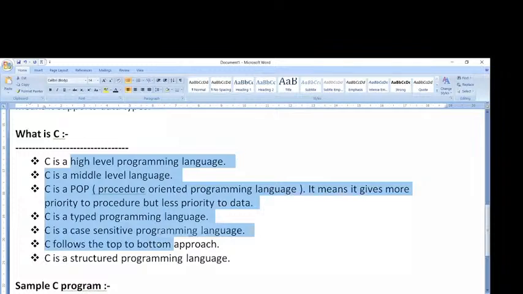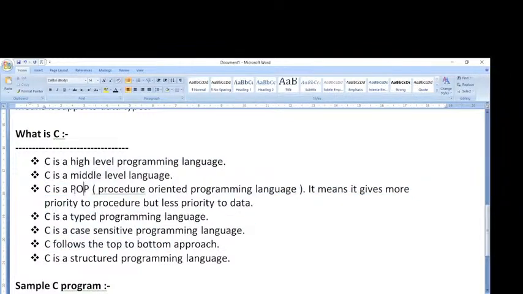Whereas Java executes from bottom to up, and C++ also executes from bottom to up. All object-oriented programming languages execute from bottom to up. All procedure-oriented programming languages execute from top to bottom. Clear? Yes, sir.